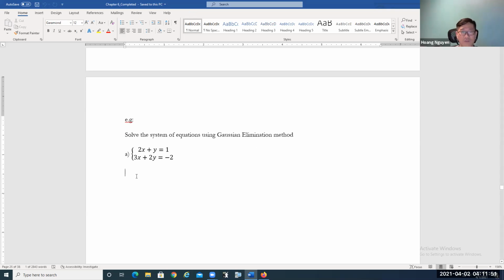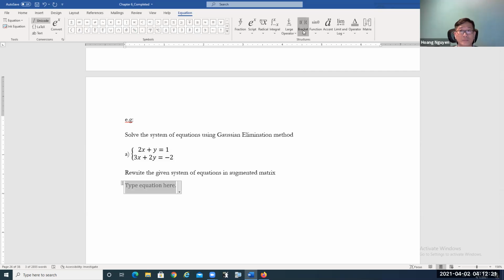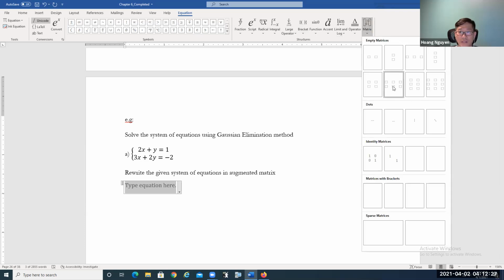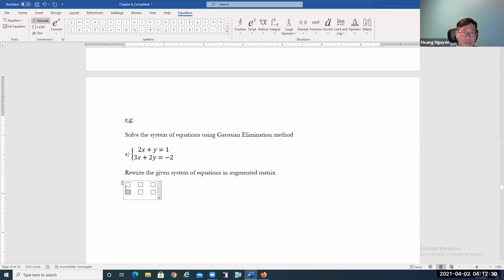So the very first step, if you're gonna use a matrix, is to rewrite the given system of equations as an augmented matrix. Okay, so we're gonna use a matrix over here, everyone. And this is gonna be my matrix right here.